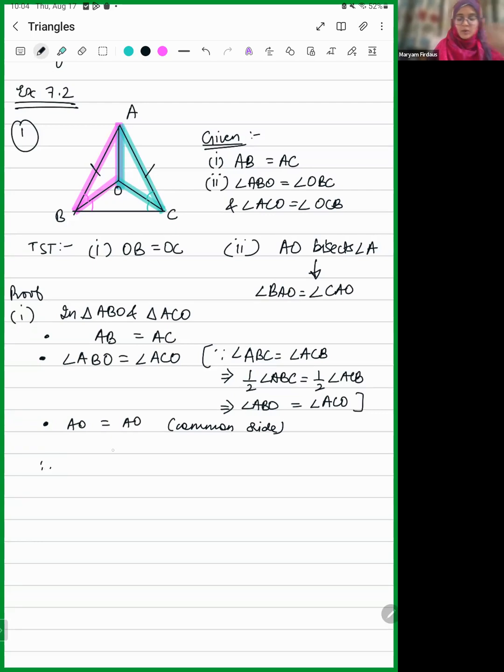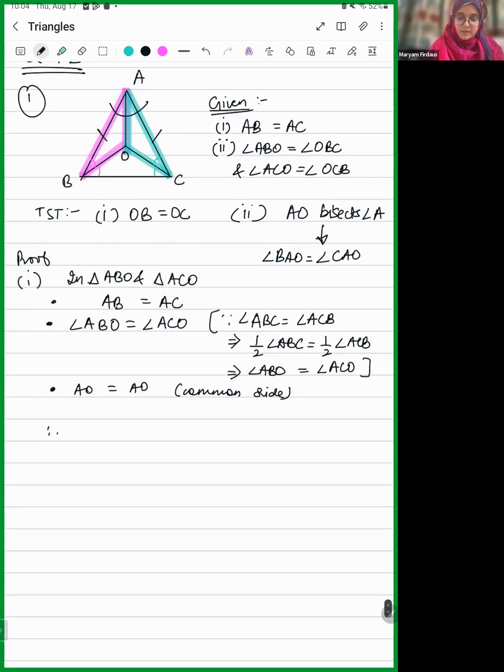Therefore, by which rule are they congruent? Ma'am, we need to find something else. Take angle A as common. SAS. How can angle A be common? See, angle A is this one, right? So you are saying SAS.